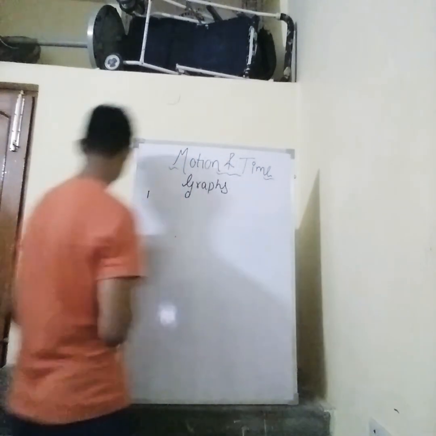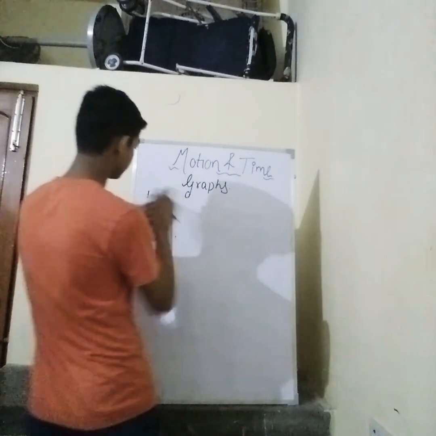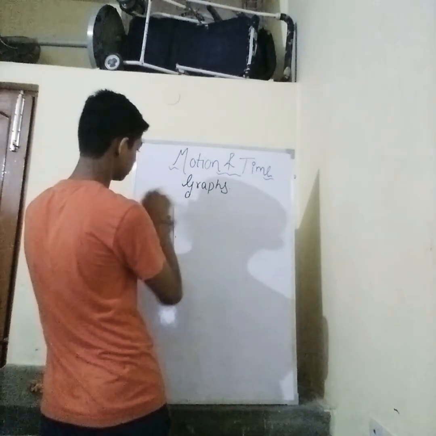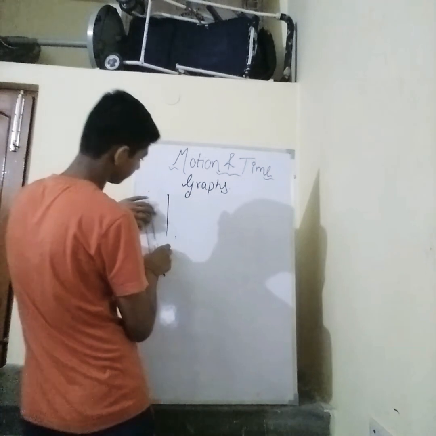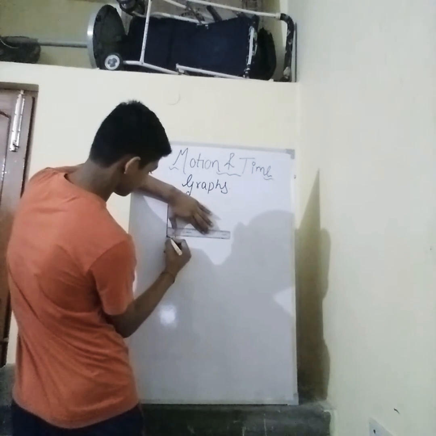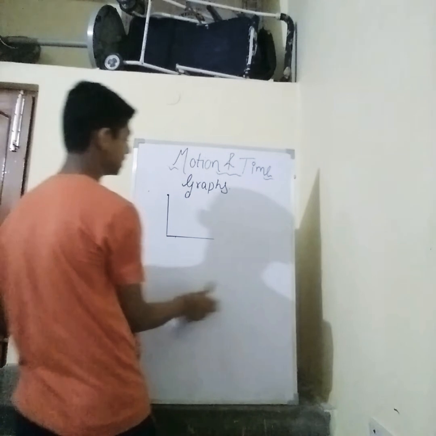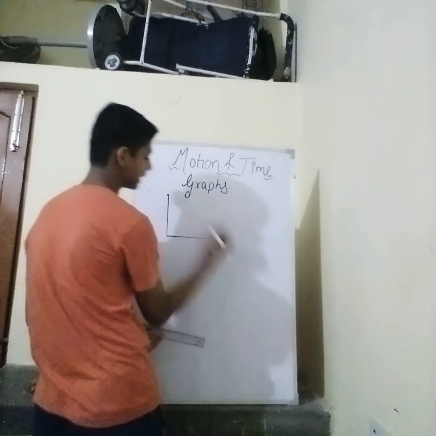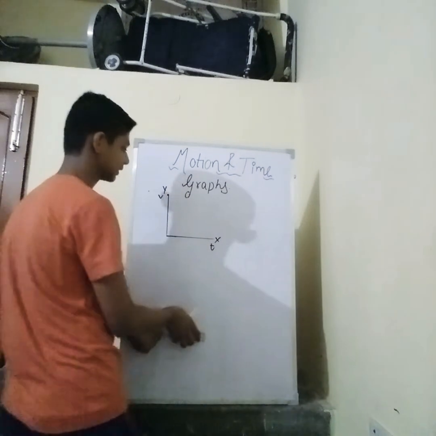Firstly we will draw a velocity time graph. We have plotted the velocity time graph. This is x-axis, this is y-axis, and this is time axis, and this is velocity axis.